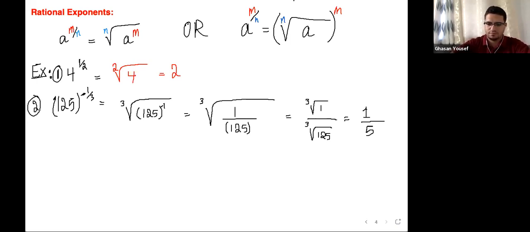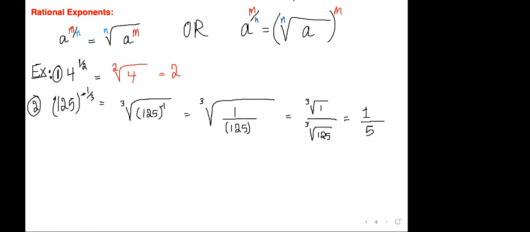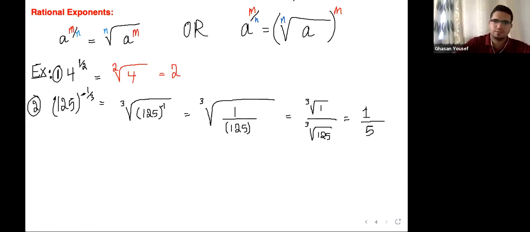Any question for this? Okay. So this is clear here. Yes. Okay. Any question for this property here?